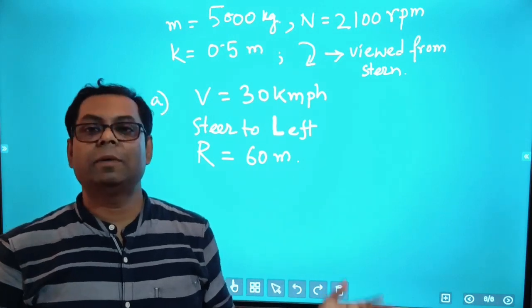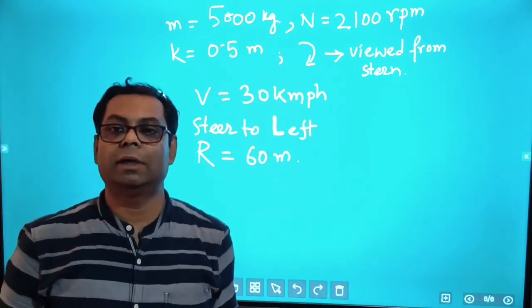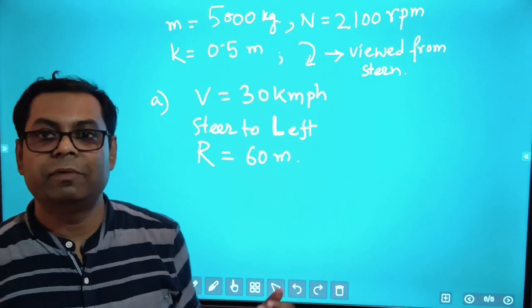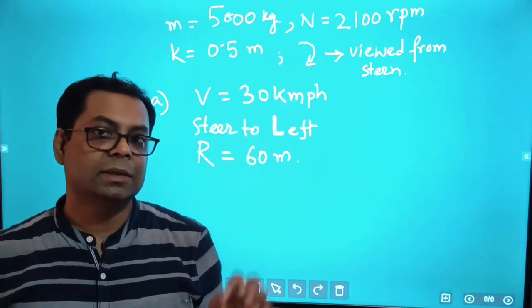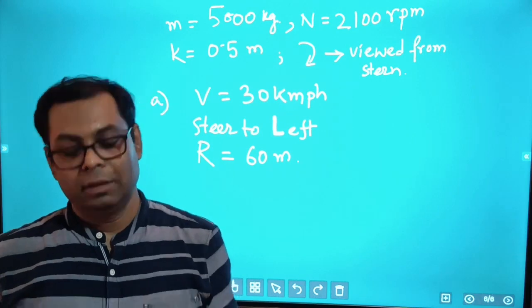When this type of steering is going on, you have to find out the gyroscopic couple value and the gyroscopic effect on that particular ship. This is part number 1.